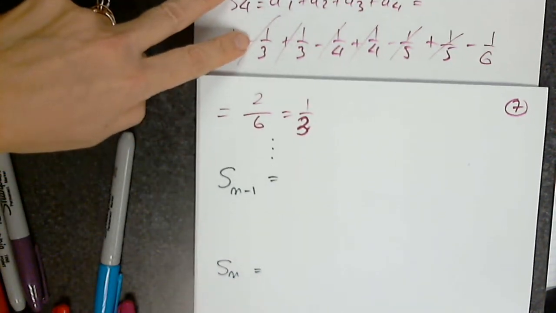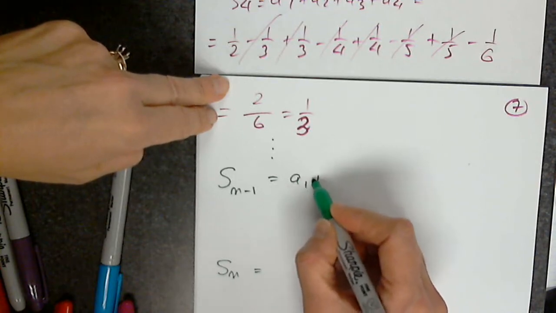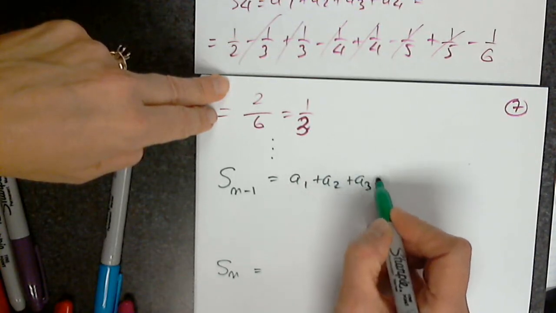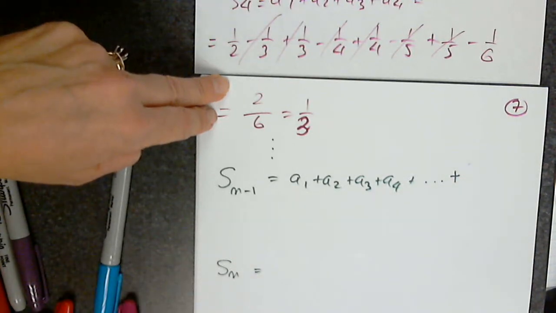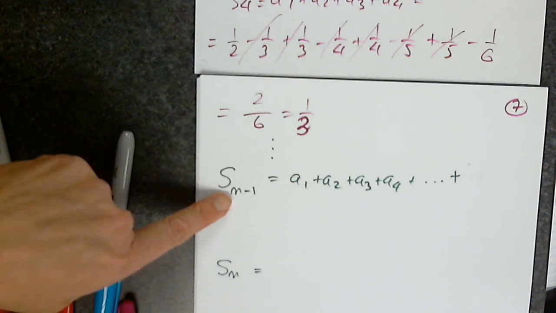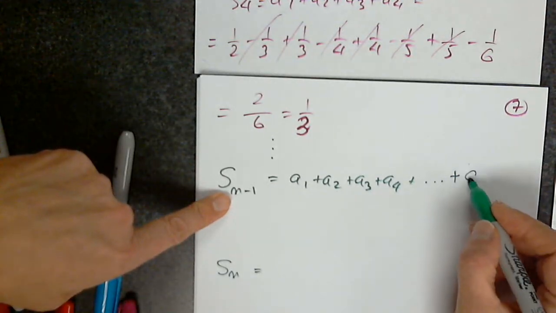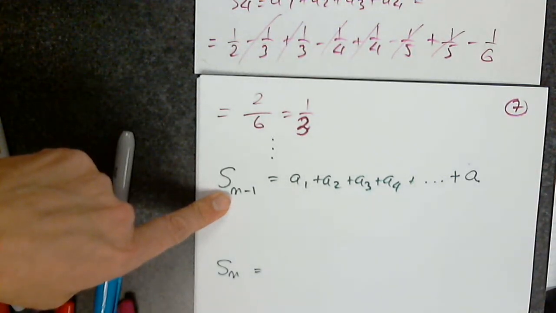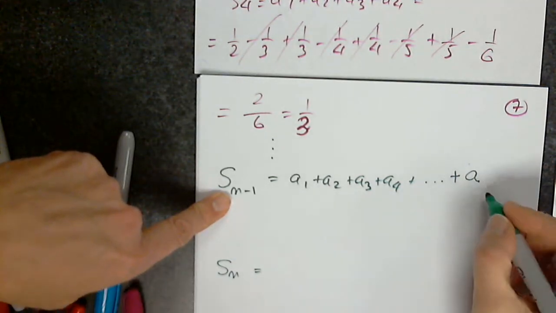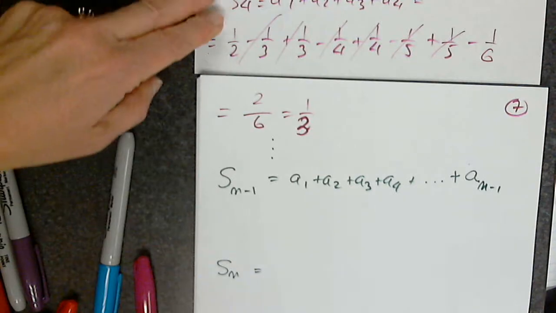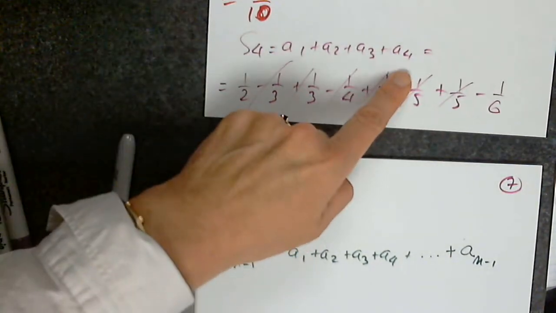So Sn minus 1 is A1 plus A2 plus A3 plus A4 plus dot dot dot plus, it's not raised to, I cannot say A to the n, I can say A n plus first. So when we had 4, we stopped at 4.